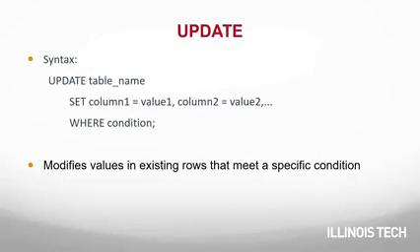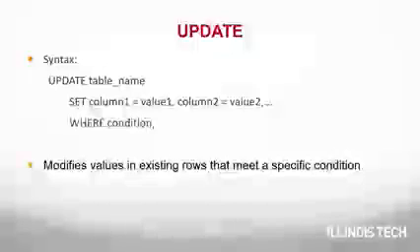In addition to inserting new data and deleting existing data, we can also update data that's already in the table. Updating data requires two things. We need to specify which rows to update and how to update the values in the various fields in those rows. The syntax is as follows. Update table name, set column equals value for some set of columns and some set of values.